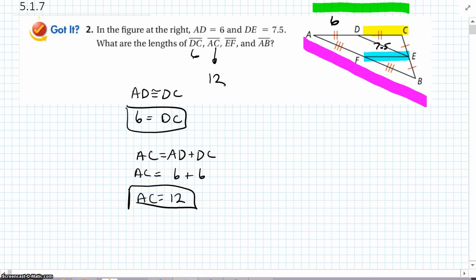EF, well, we know EF is 1/2 of AC, so EF must be 1/2 times 12, or we could say EF equals 6.